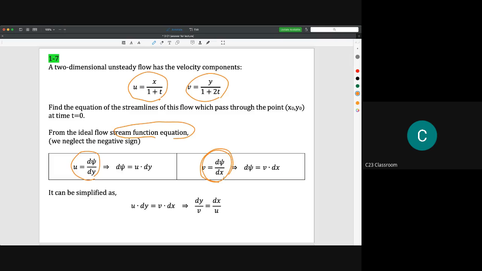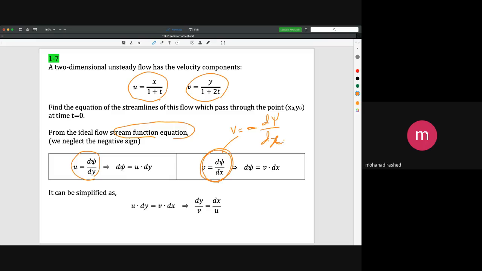So in some textbooks, it will neglect the negative sign, because in our syllabus previously, in our UTM undergraduate level, we take that v is equal to negative d psi over dx. So counterclockwise, yes.